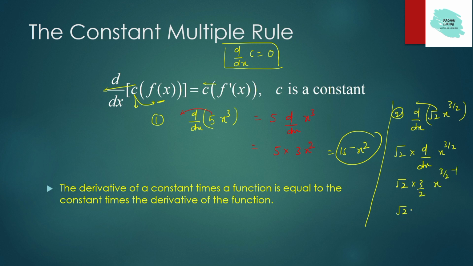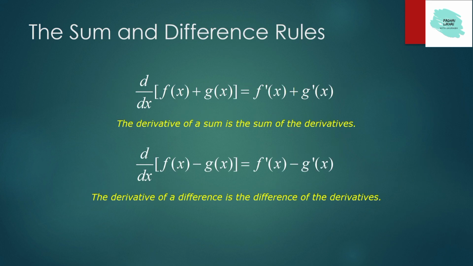It will return under root 2 into 3 by 2, x to the power 1 by 2. This is the final answer, but if you want to simplify it, you can write it like 3 by 2 under root 2x. So this is how we will differentiate: we apply the power rule, and we find the differentiation of constant function.